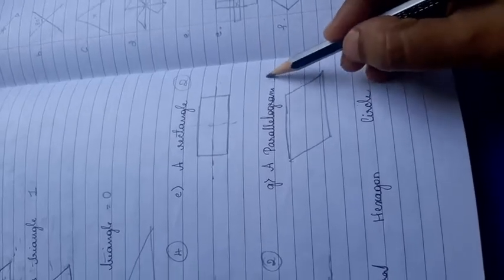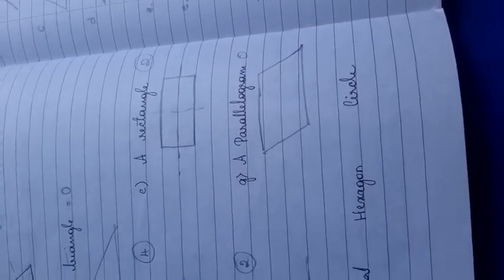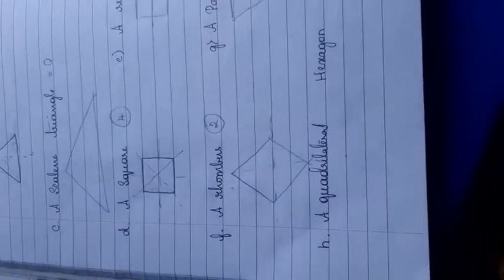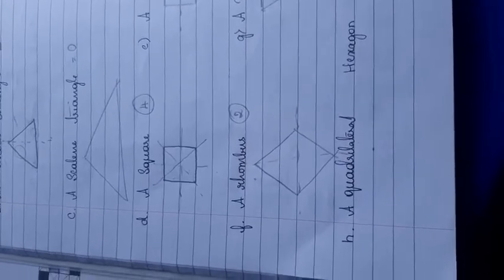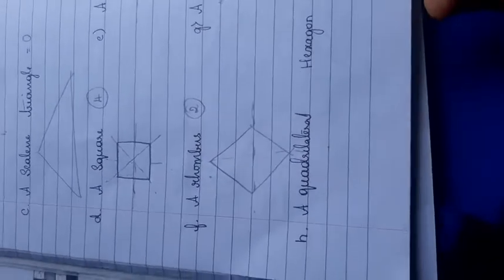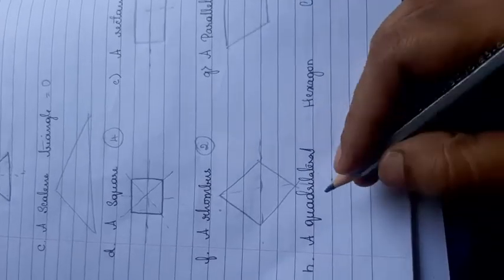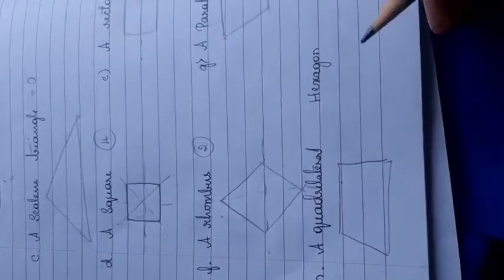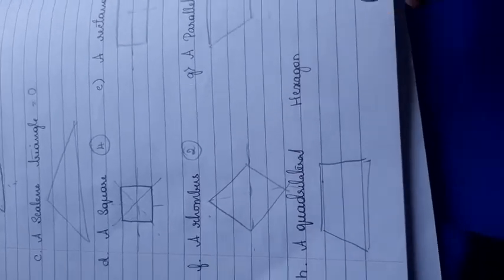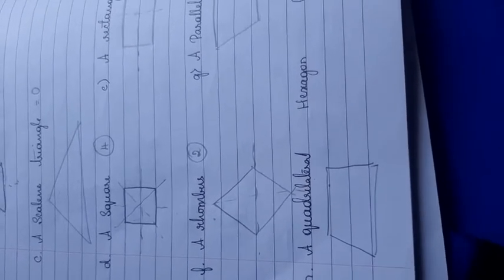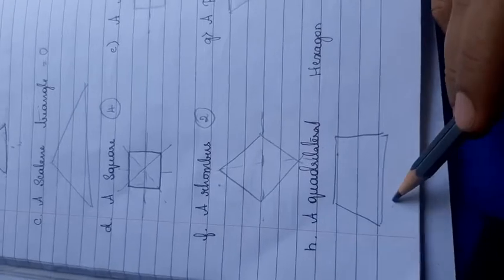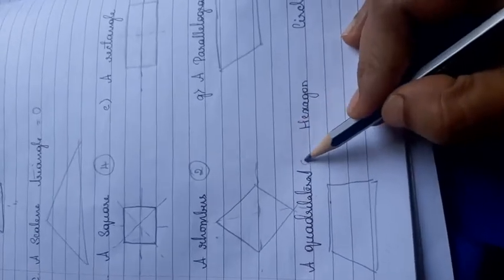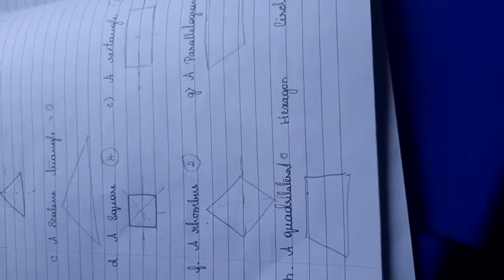No. So here line of symmetry will be 0. Next one is quadrilateral. Quadrilateral means any one which is having 4 sides like this. In quadrilateral there are so many types which I learned: parallelogram, rhombus, trapezium, all this comes. Can I draw a line of symmetry for this? No. So it is 0.